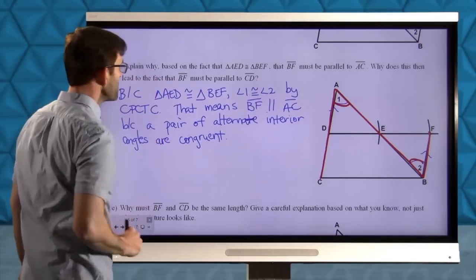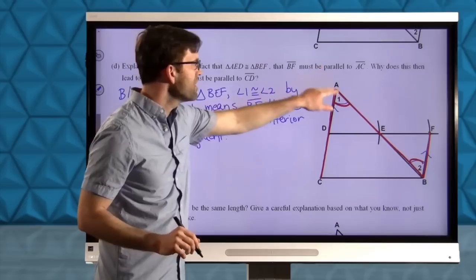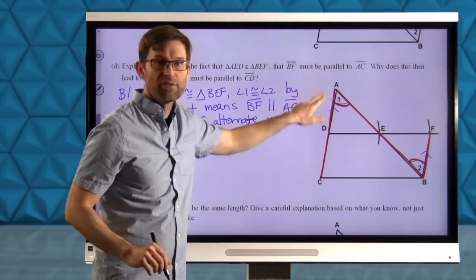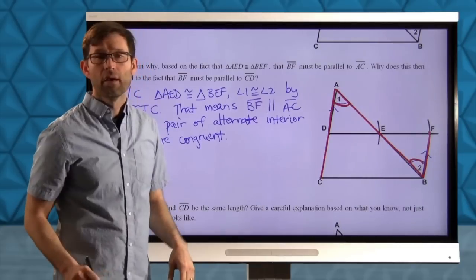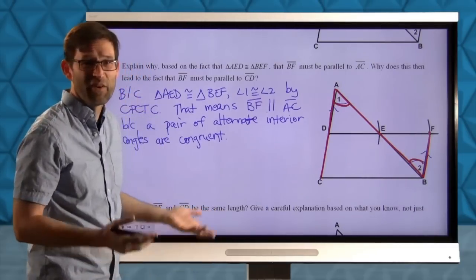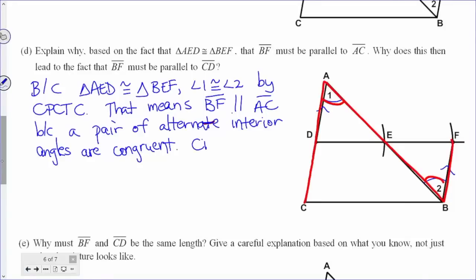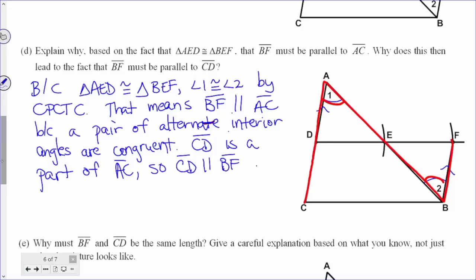The question then went on to say, why does knowing that this is parallel to this tell me that BF must be parallel to CD? Well, that's simple enough. CD is a part of AC, so CD is parallel to BF as well.